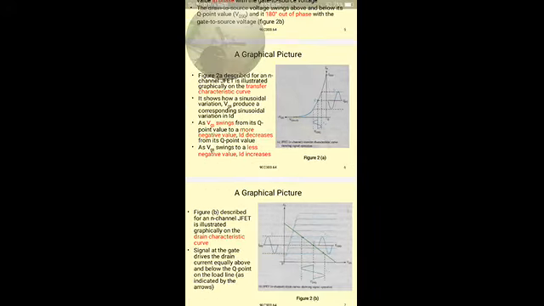As VGS swings more negative from its Q point value, meaning it is increasing in the negative direction, ID decreases.